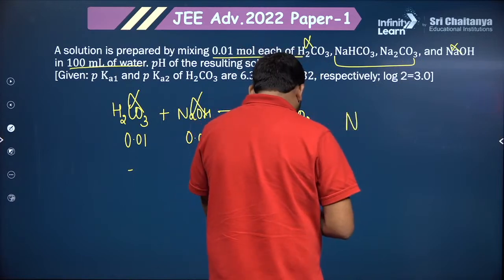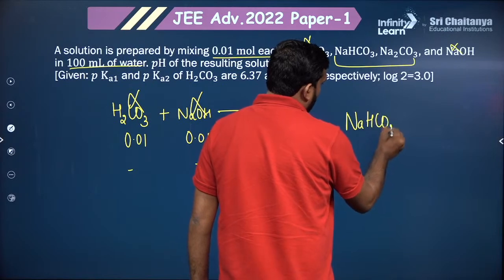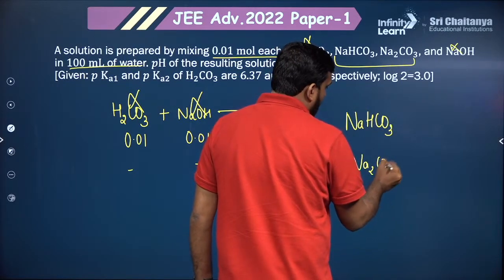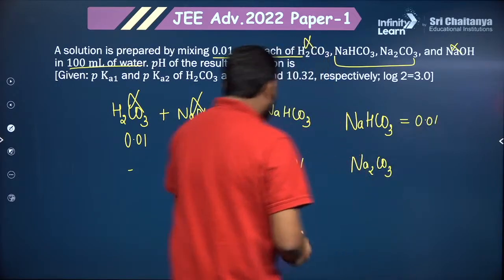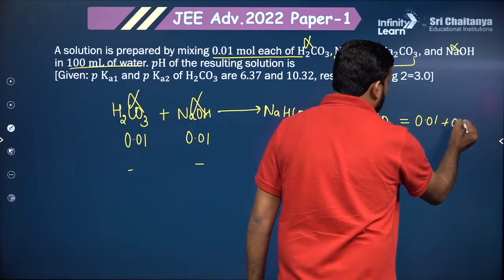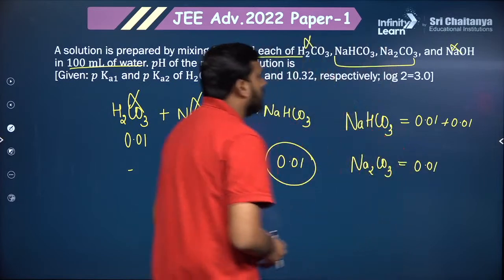So if you observe it clearly, it will be NaHCO3 and Na2CO3, and the amount of this was earlier 0.01, and 0.01 comes from here, which is given in the question, okay.